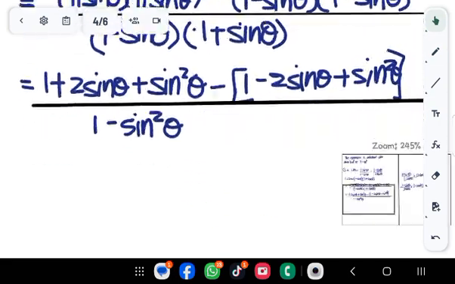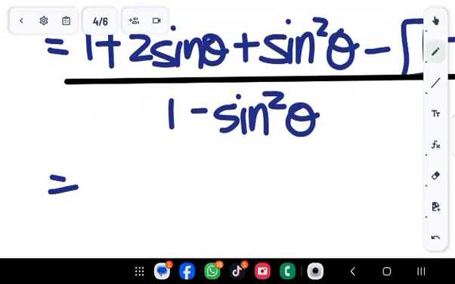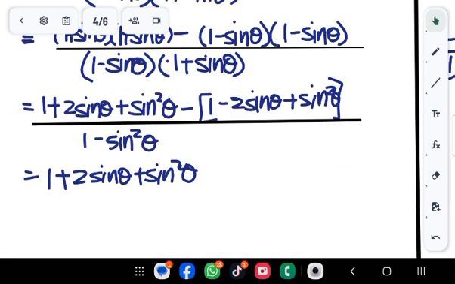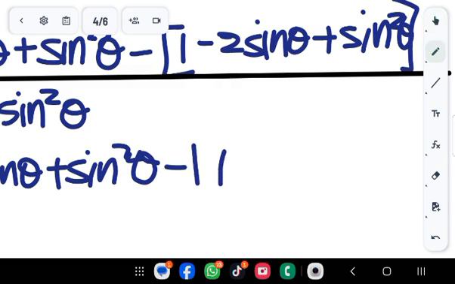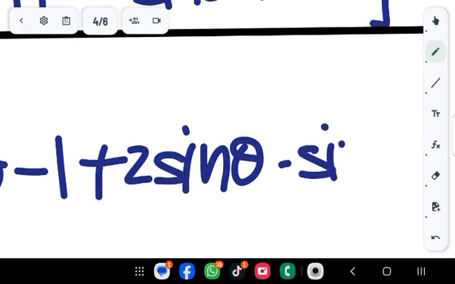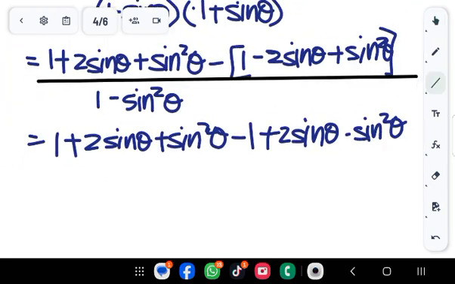Now let's simplify the numerator. Let's remove the brackets: 1 plus 2 sine theta plus sine squared theta, minus 1, plus 2 sine theta, minus sine squared theta, all over 1 minus sine squared theta.